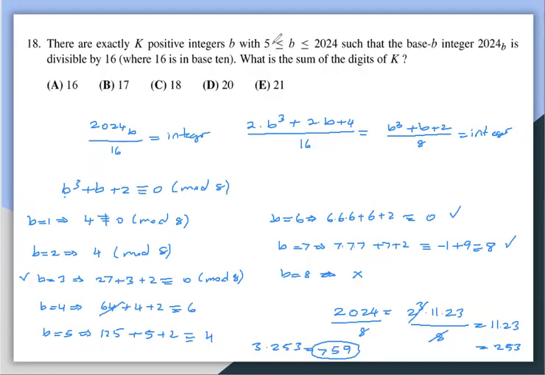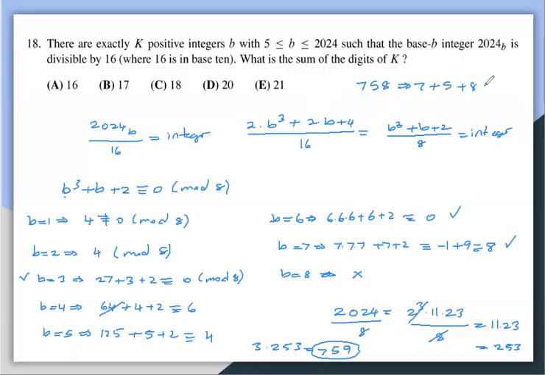Our numbers start from 5, which means the first number, 3, shouldn't be included. So we have one fewer than this number, which is 758.